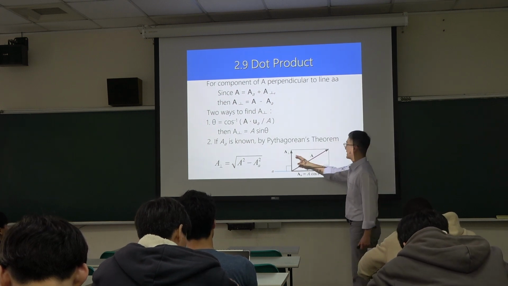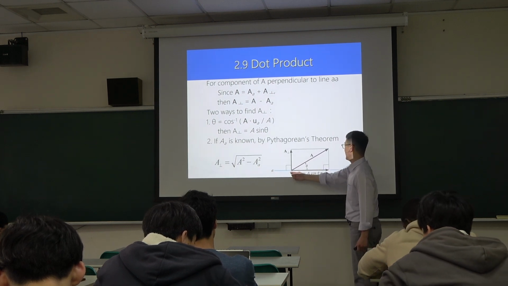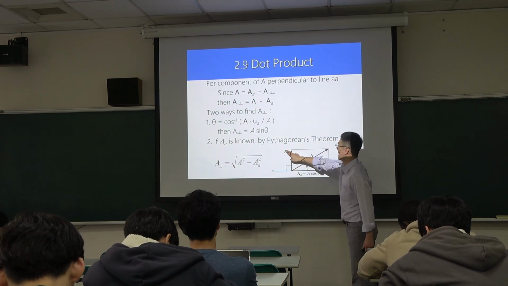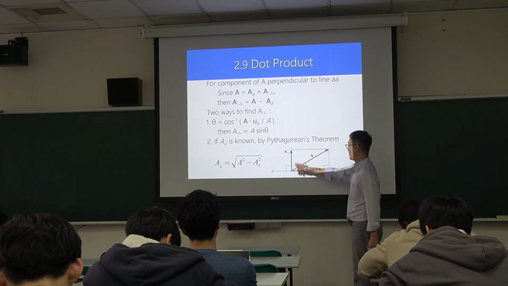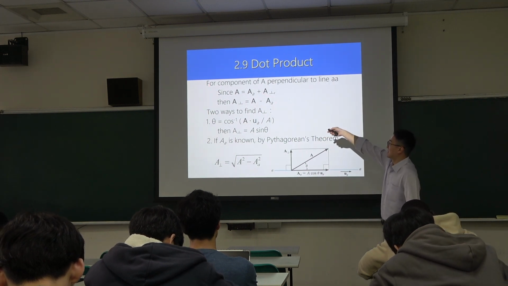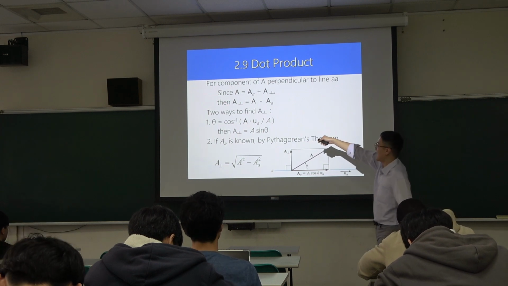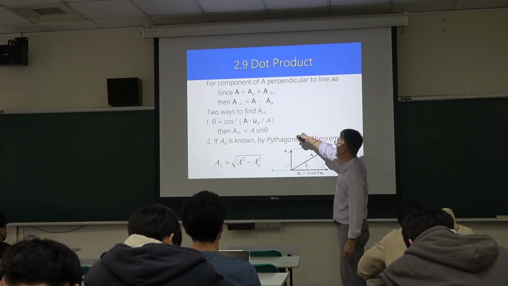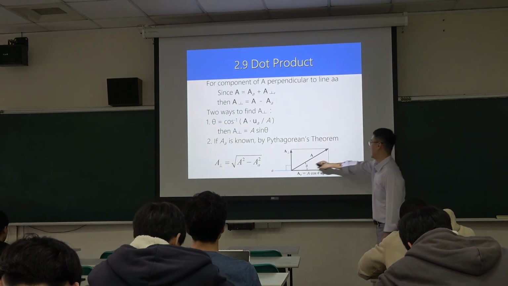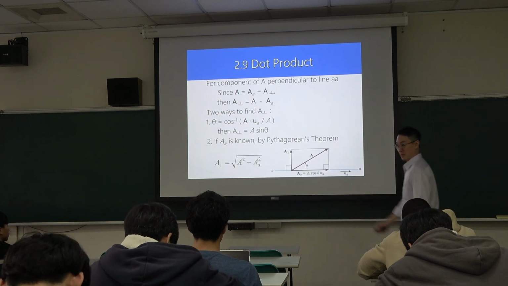So the components are concurrent. So the vector can be AA plus A perpendicular. So its resultant is here. So A perpendicular can be represented by A minus AA. Okay, A minus AA, so we can work out A perpendicular.